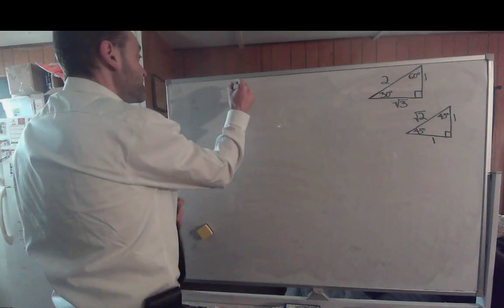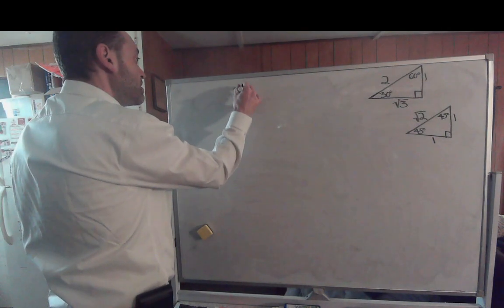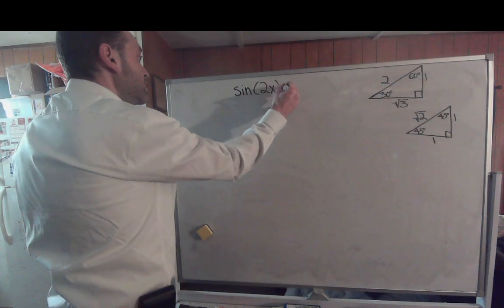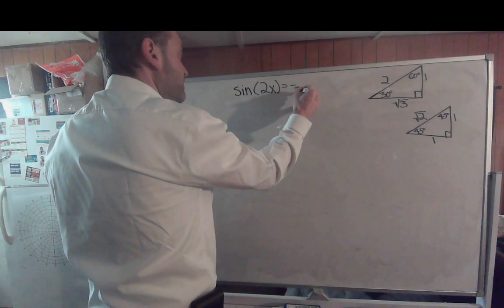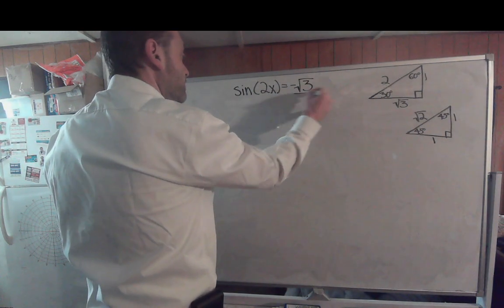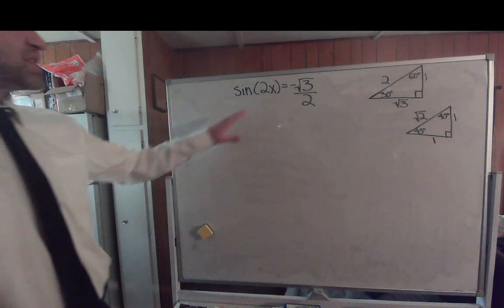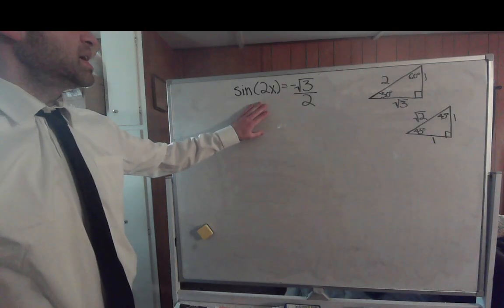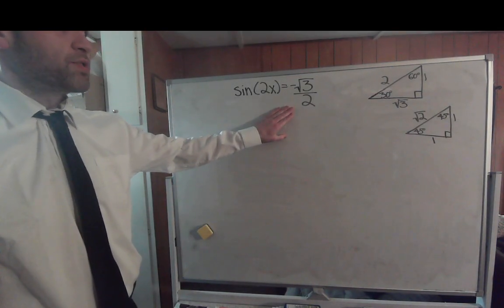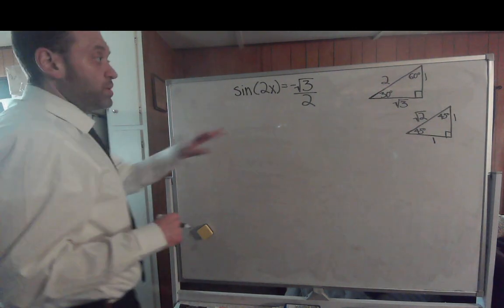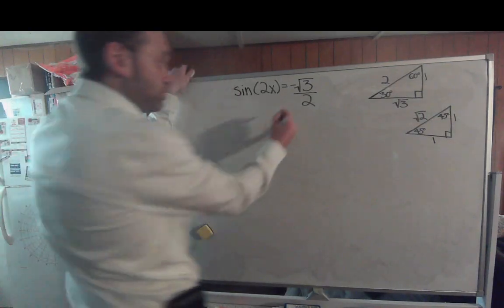We have that the sine of 2x equals negative of the square root of 3 over 2. Well, we can temporarily let u equal 2x.